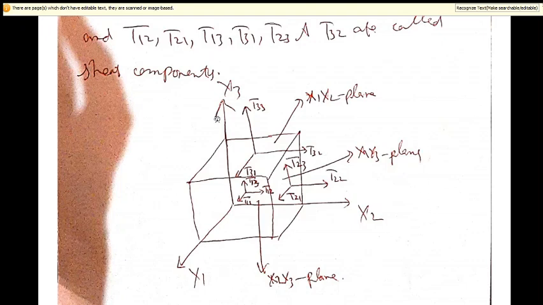Now this face which is lying in the x2 x3 plane has a normal in the x1 direction, and this face which is lying in the x1 x3 plane has a normal in the x2 direction, and similarly it has a normal in the x3 direction.